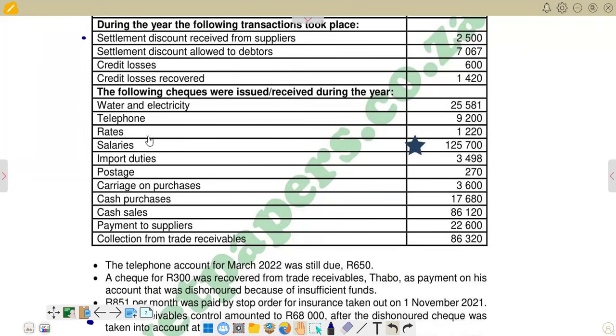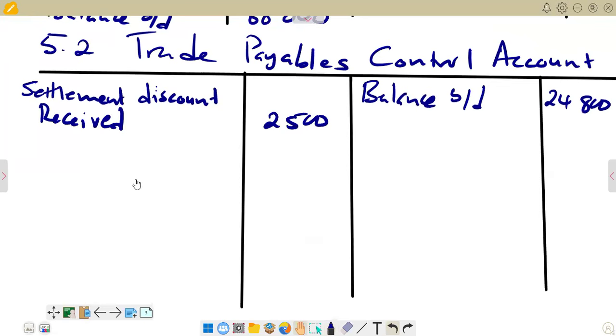We come here and we go to the debit side, and we are saying this is our bank, and the amount that we have there is 22,600. So this is what we have. Then we check again for any other information that is going to affect our trade payables control.